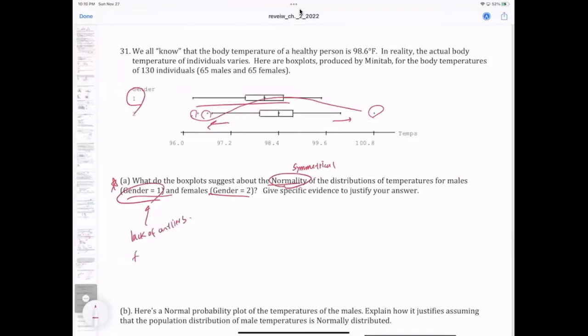And it's fairly symmetrical based on how the box plot is plotted. Like I said, you can never tell the shape exactly, but the center with those two ends over there, still not perfectly symmetrical, but better than gender 2.